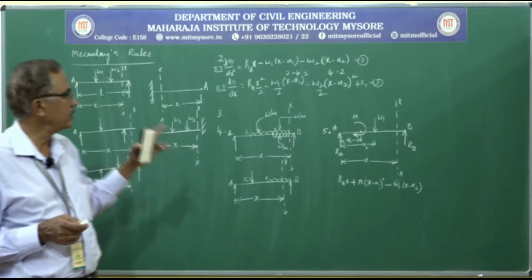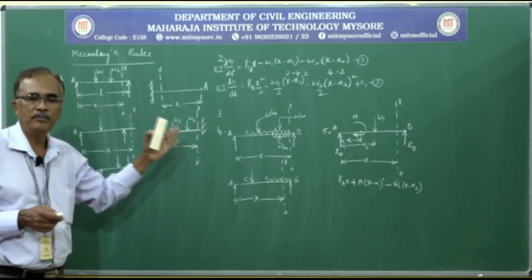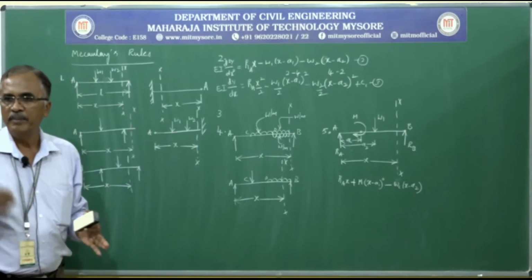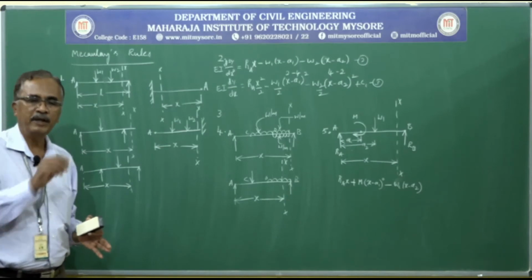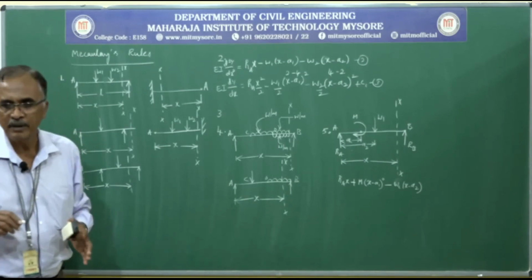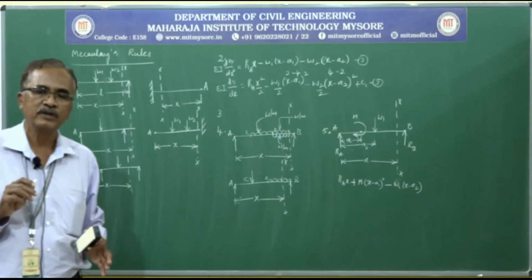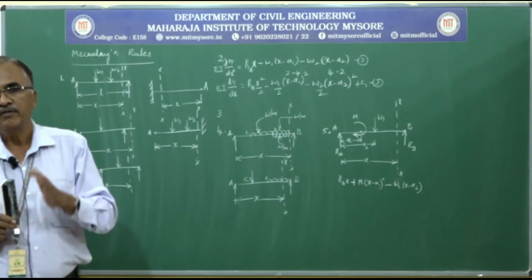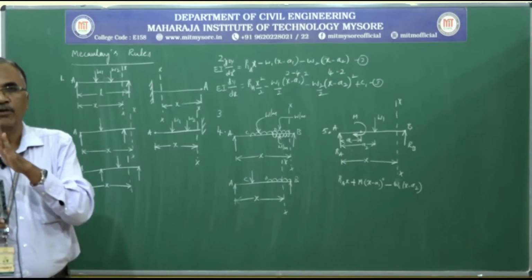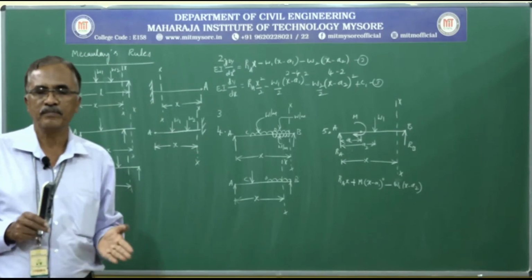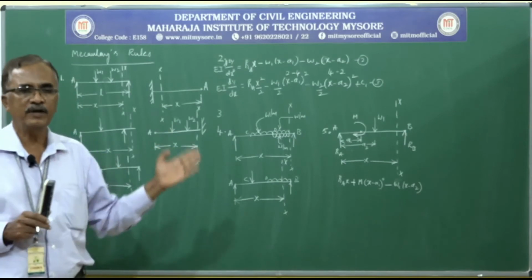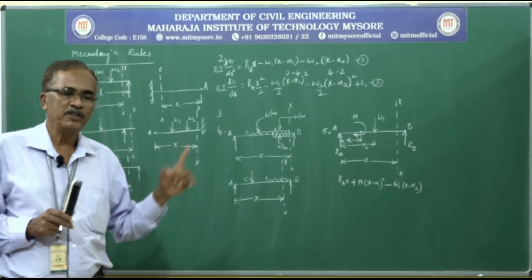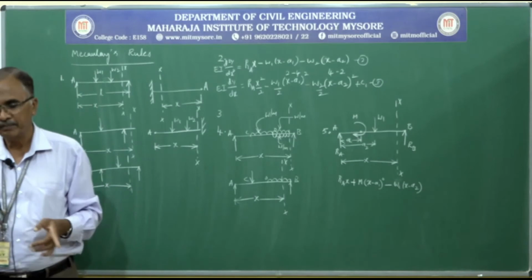Then the shear force will not come into the picture here. Bending moment M in the differential equation for the deflected shape, M represents the bending moment about the section. While writing the expression for bending moment, we consider all the forces towards the origin, towards the left hand side, for a simply supported beam and for an overhanging beam.